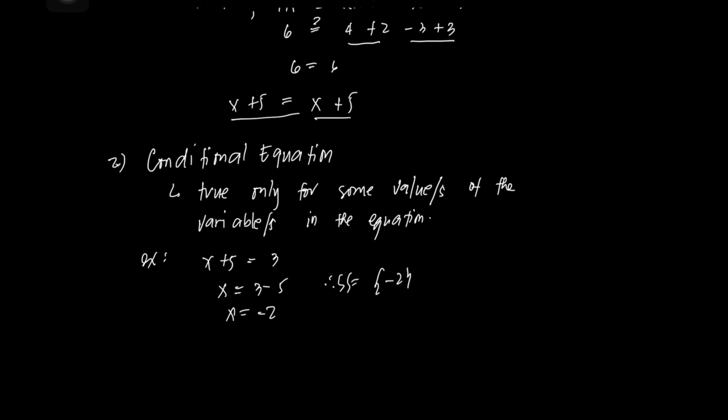It means that this equation is only true for x equals -2. It doesn't work for x equals -7 or x equals 10, so it doesn't work for all real numbers. Therefore this equation is an example of a conditional equation.